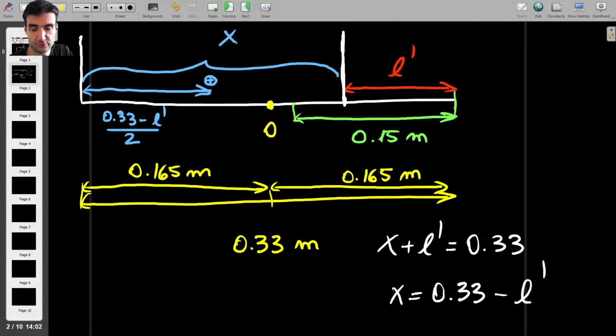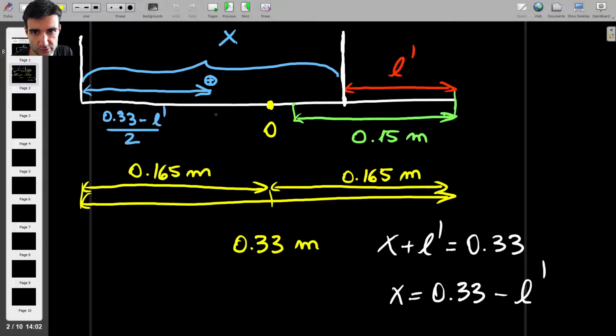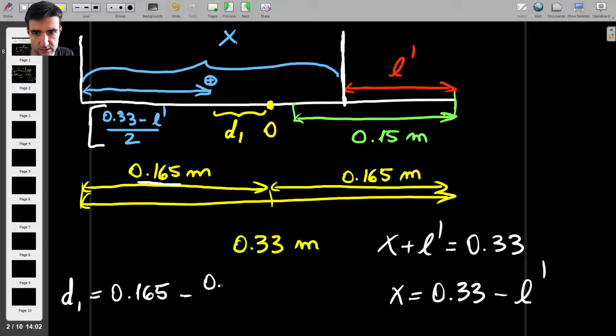Now, what we actually have to find is the distance from the fulcrum, from point O, to where this center of mass of the water is. In other words, we're trying to find this distance. That distance can easily be found by subtracting this from 0.165 meters. Let's call this D1. So D1 is 0.165, and then we subtract (0.33 minus L prime) over 2.